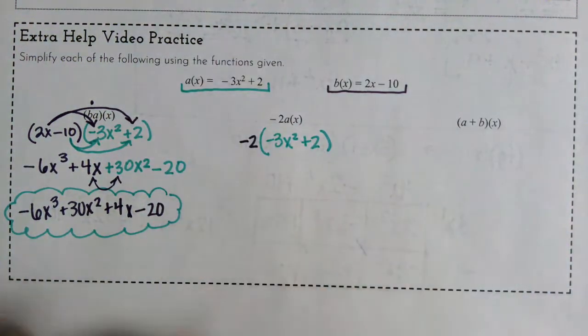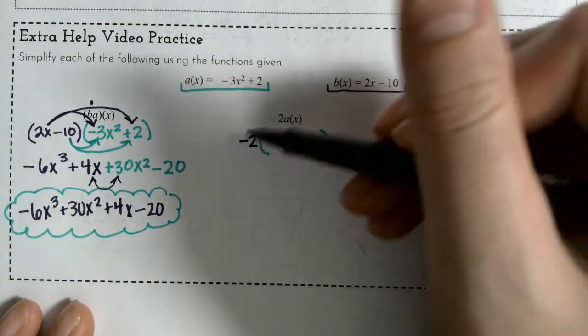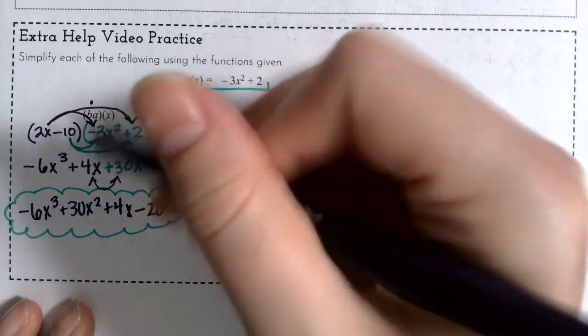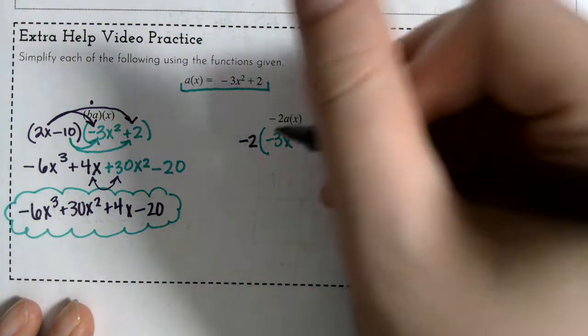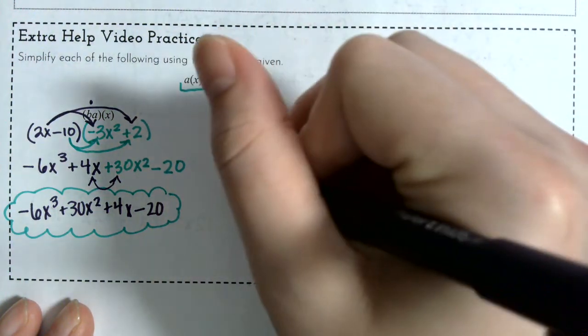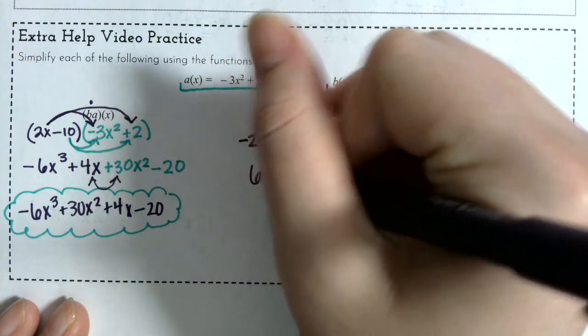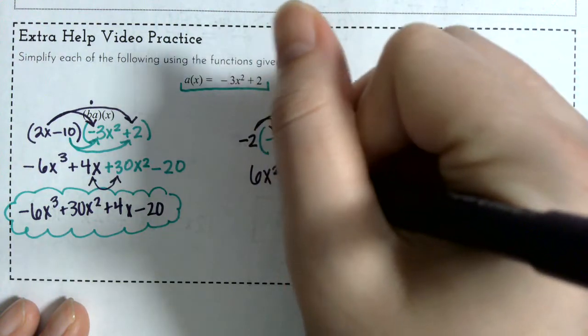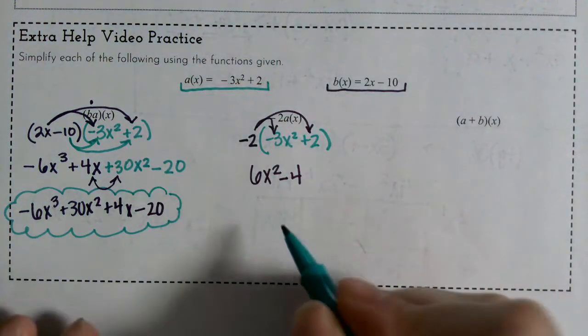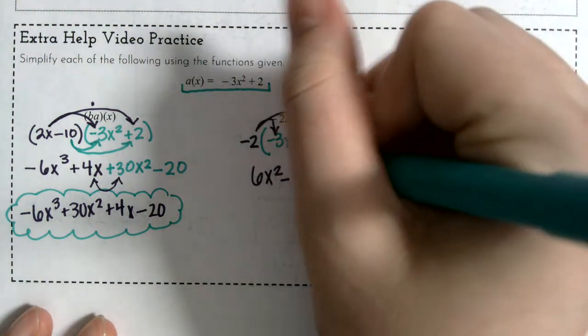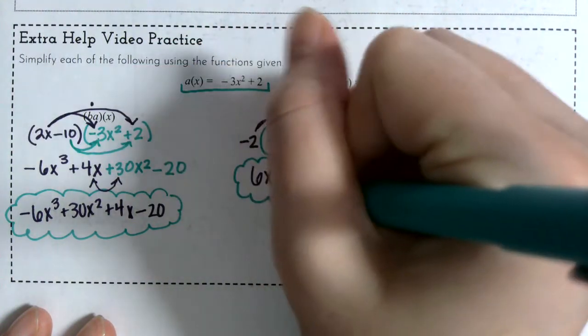So this is multiplication as well, but it's a little bit simpler because we're only multiplying by a constant, not by an entire function. So I'm going to distribute this in to get 6x squared minus 4. And it's in order. I don't have any like terms to combine. This is my answer.